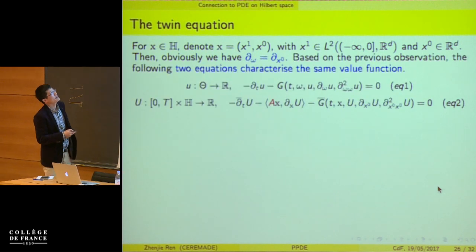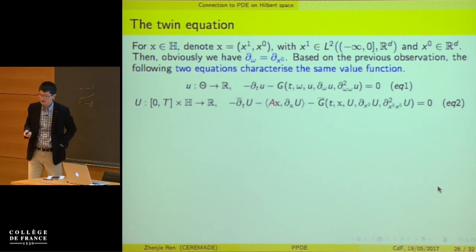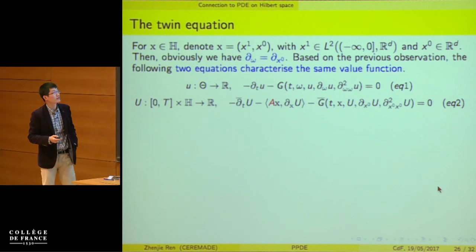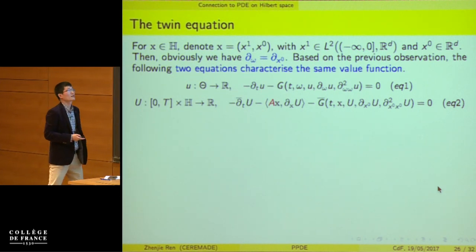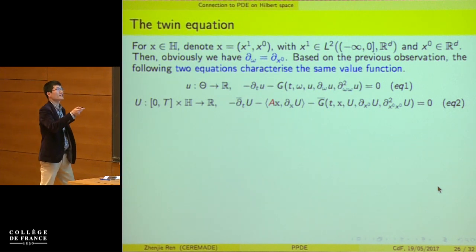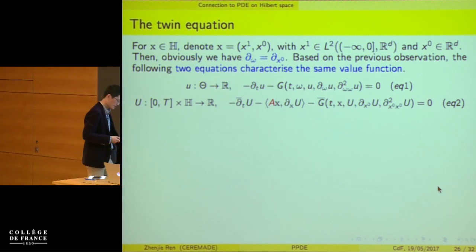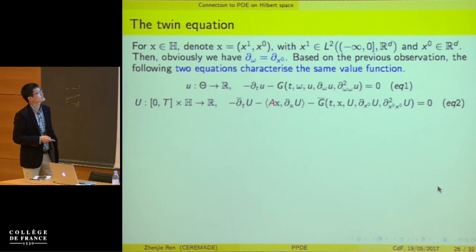So, by identifying both horizontal derivative and the vertical derivative, we can write down the twin equation on the Hilbert space, which is stated in the following way. You just replace the dt small u by this term, the term we just talked about. So equation 1 is PPDE, equation 2 is PDE on Hilbert space.